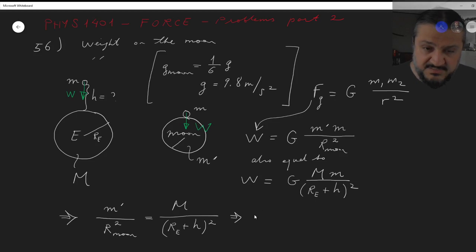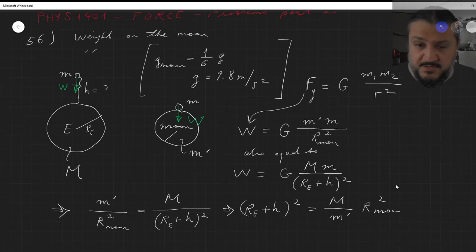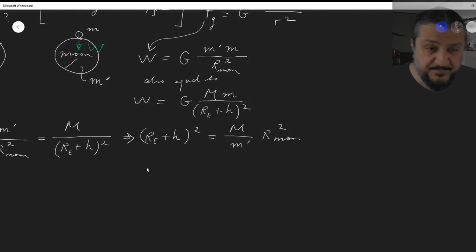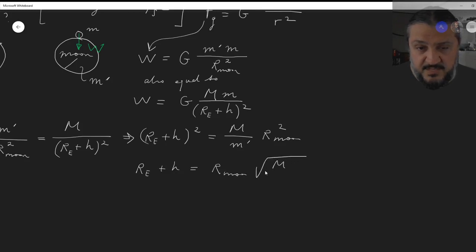Let's rearrange this first. RE plus h squared is equal to M over M prime times R moon squared, and then take the square root of both sides, which will give you RE plus h equals R moon times the square root of M divided by M prime.